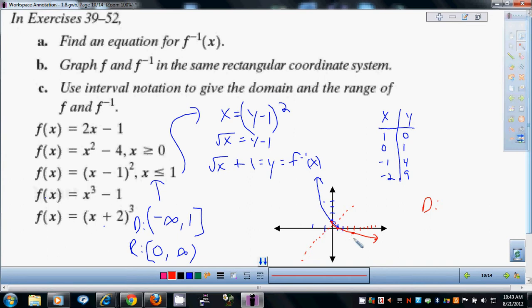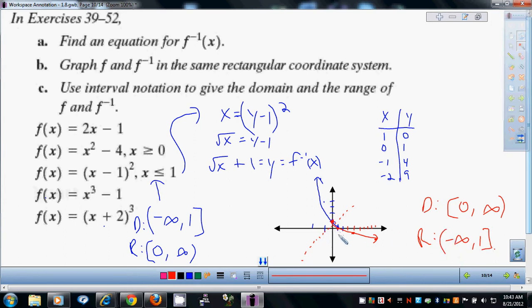Now when we look at our inverse domain and range, how far left did our domain go? I didn't draw the coordinates, but what's our leftmost coordinate here? What's the x value? 0. Now how far right is it going to go? Infinity. You see the pattern? That's what the range was over here. What do you think the range is going to be on this side? Negative infinity to 1.